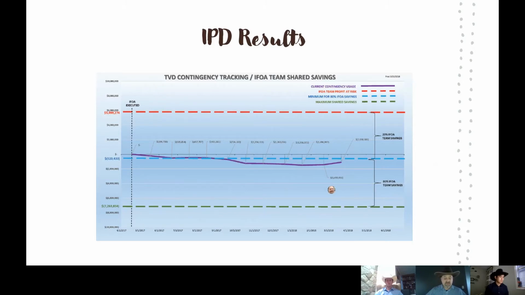So if the expenses exceed the red line up here, then there's no profit for the team. But if the expenses drop below this green line, then any additional savings are kept by the owner. This purple line right here, that's the actual cost of the project as it's going along. So there's a lot of room for profit as you increase your efficiencies.